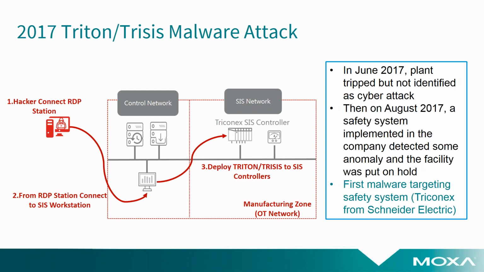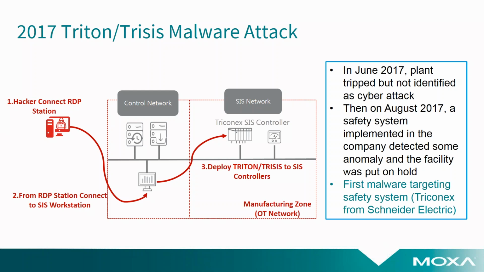As you can see, this particular attack was very difficult for the company to identify, because there wasn't a lot of collaboration between the IT and OT organizations. The attack started in June of 2017, and the plant actually tripped, but no one identified that it was a malware attack.